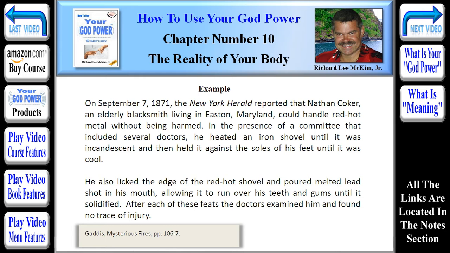He also licked the edge of a red-hot shovel and poured melted lead shot in his mouth and allowed it to run over his teeth and gums until it solidified. After each of these feats, doctors examined him and found no trace of injury. None.